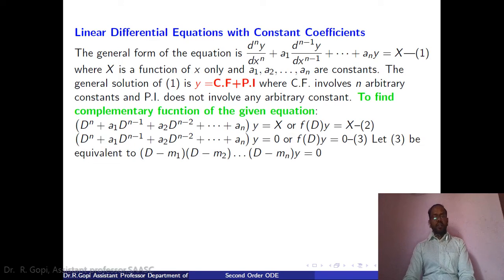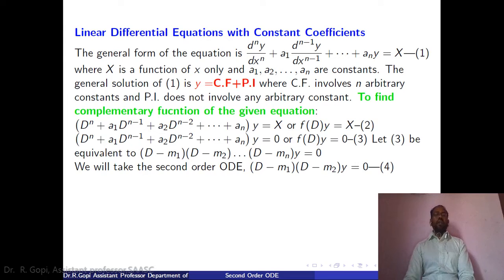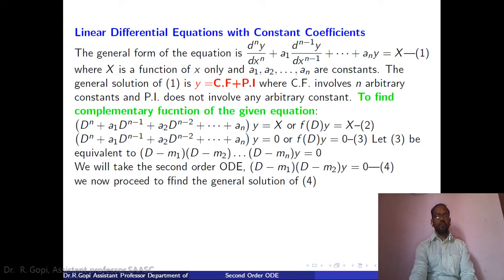Then equation 3 is equivalent to its factorized form, (D minus m1)(D minus m2)... y equal to 0. For the second order ODE, (D minus m1)(D minus m2) y equal to 0. Consider this as equation number 4.